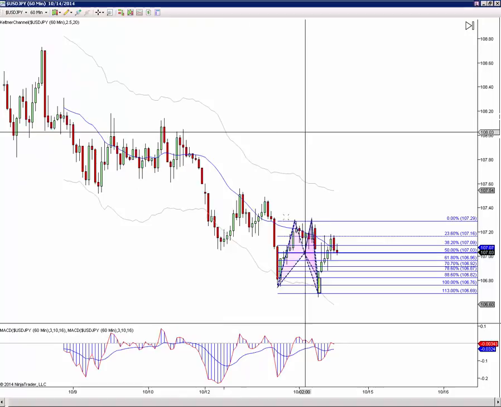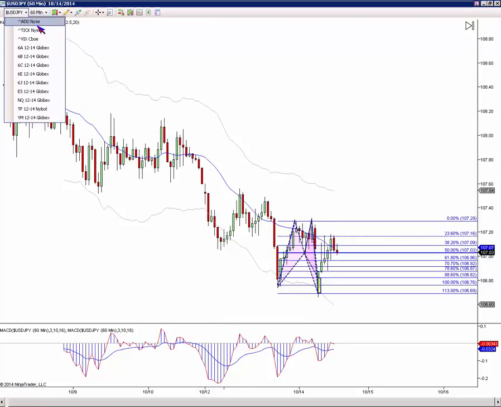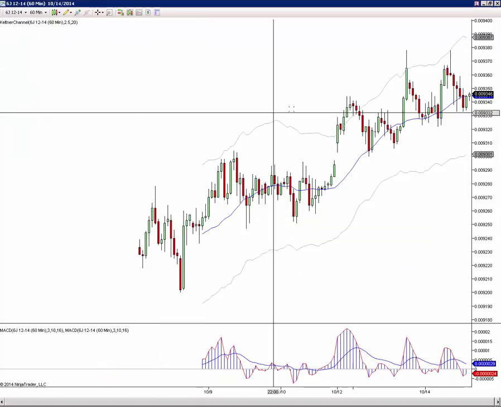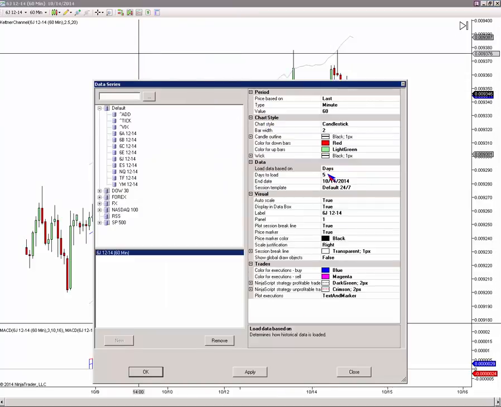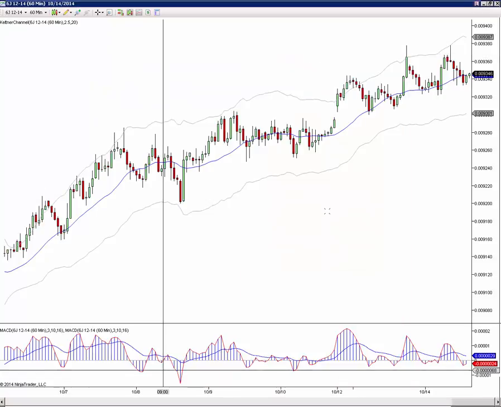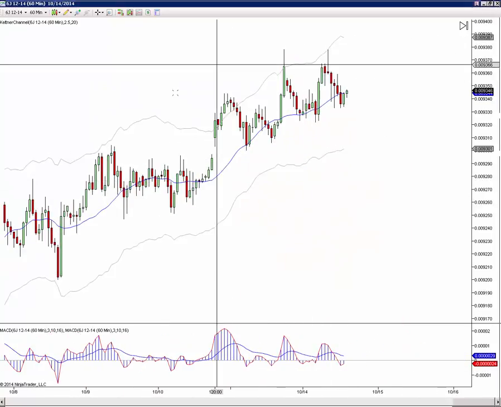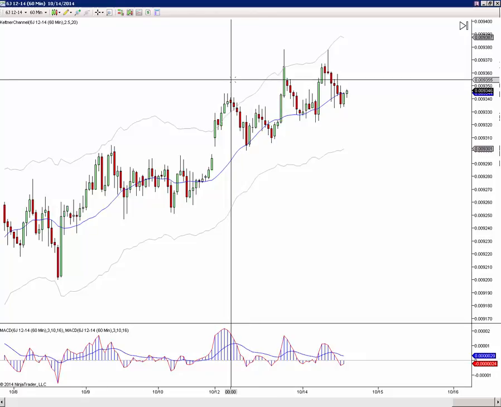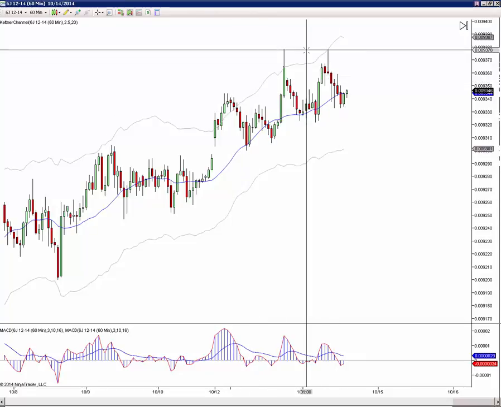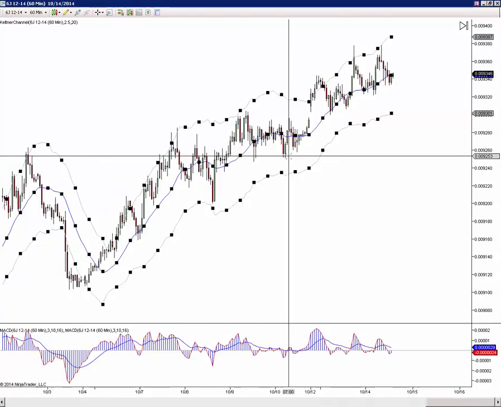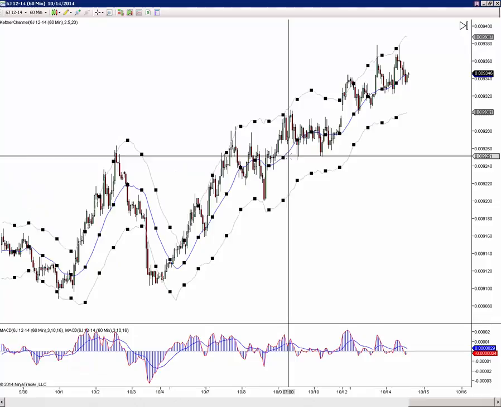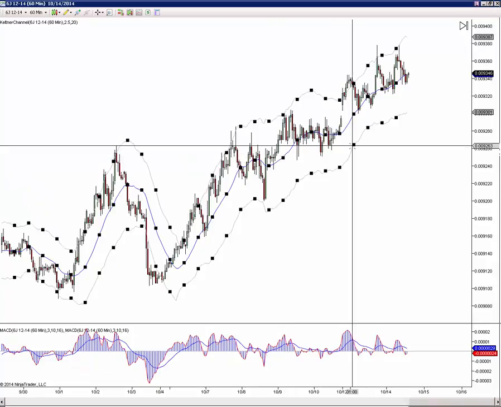All right, this formed. Let's look at this in the JPY. So it's inverse, okay? All right, so we agree that the pattern has formed on the hourly chart as a buy. A sell. All right, let me just fix my other chart so I'm looking at the same thing.